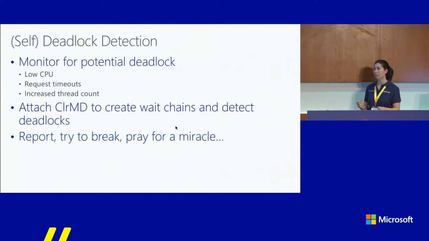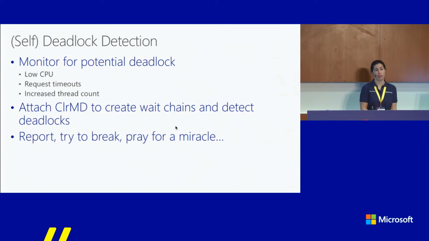Now this is a little more complicated than finding a memory leak, or rather, it's not more complicated, but a memory leak is very straightforward. When you want to diagnose a deadlock, it's not clear that you have a deadlock. So I have a few suggestions on how to diagnose that you might have a deadlock.